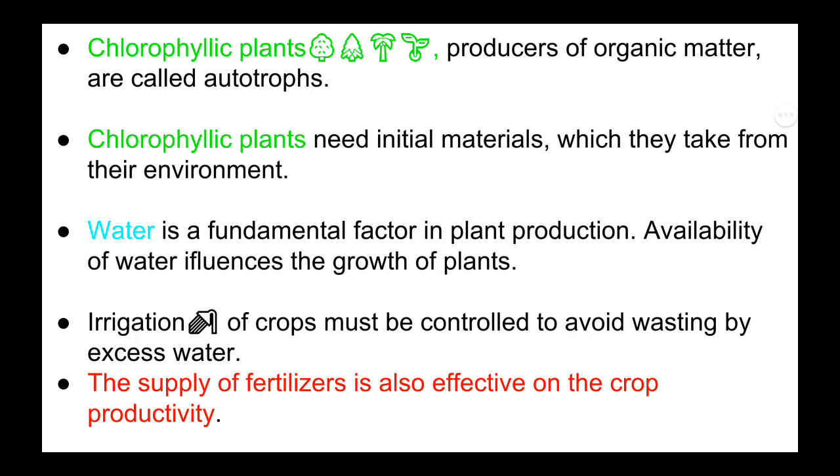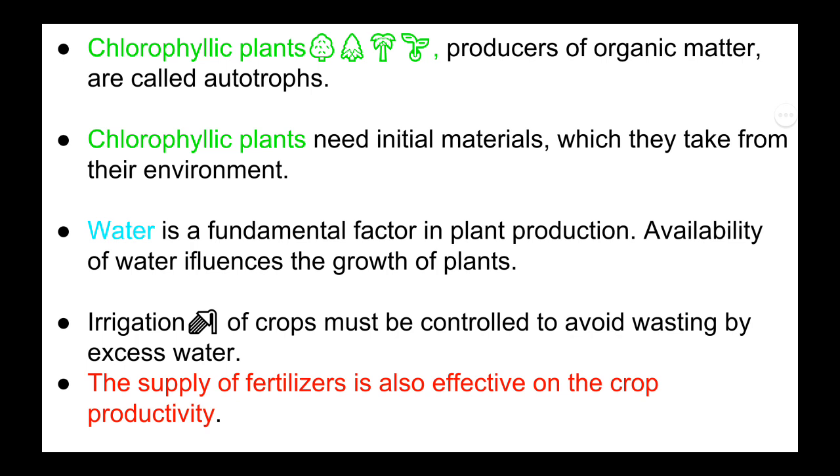Availability of water influences the growth of plants, which means that water is very essential for the growth of the plant and for the productivity of the plant, in order to be fruitful. Availability of water is the main cause for the growth of plants.